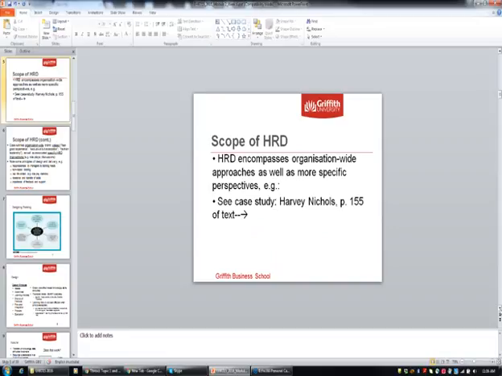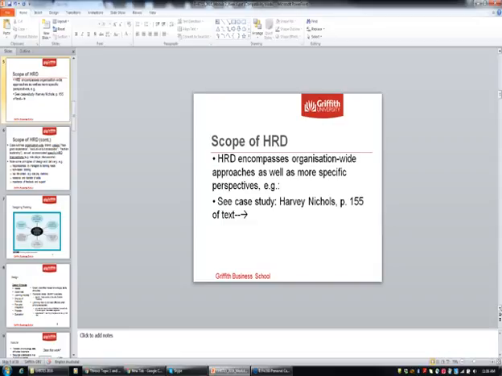So the scope of HRD, as I've mentioned earlier, is it encompasses so much. It encompasses organisation-wide approaches. So what can we do as a whole organisation, looking at the strategies? Are there aspects that all employees and individuals need to be aware of?